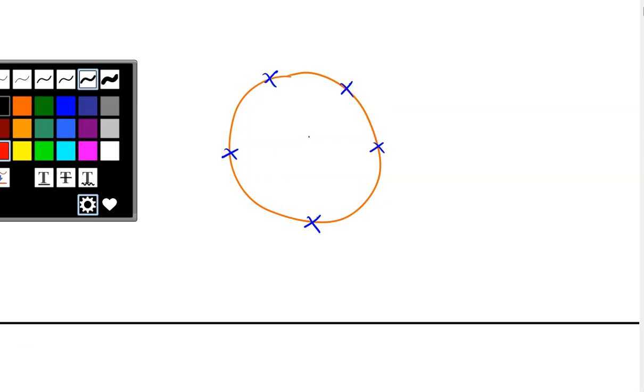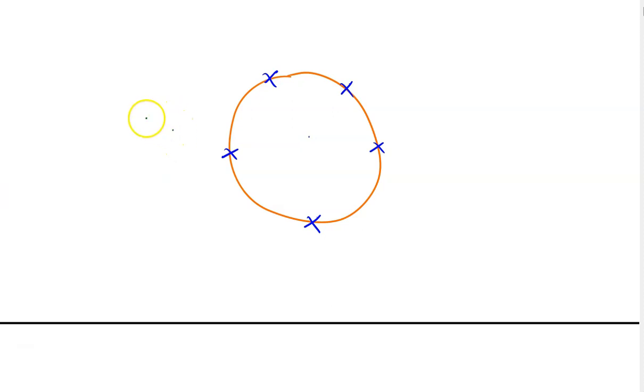If the silicon is attached to it, I use green to draw the shell of a silicon. So I have a silicon here, attached to it by this.